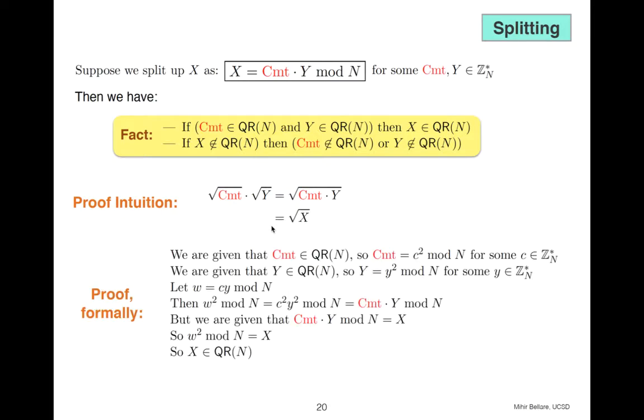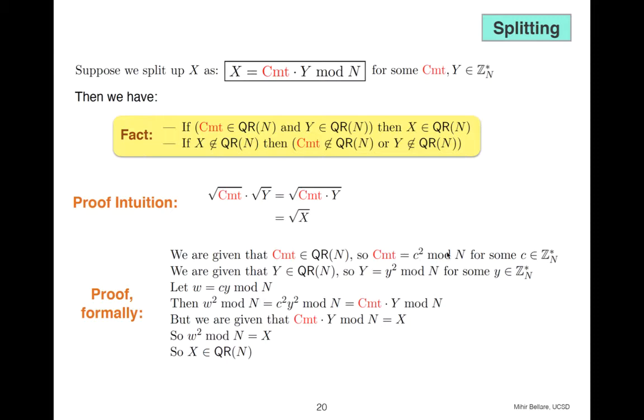You can also go through a more careful proof, which really reflects the definitions. So if you know that commit is a quadratic residue, then you can find a little c such that c squared mod n is this. Similarly, if we assume that big Y is a quadratic residue, we can write it as little y squared for some little y.